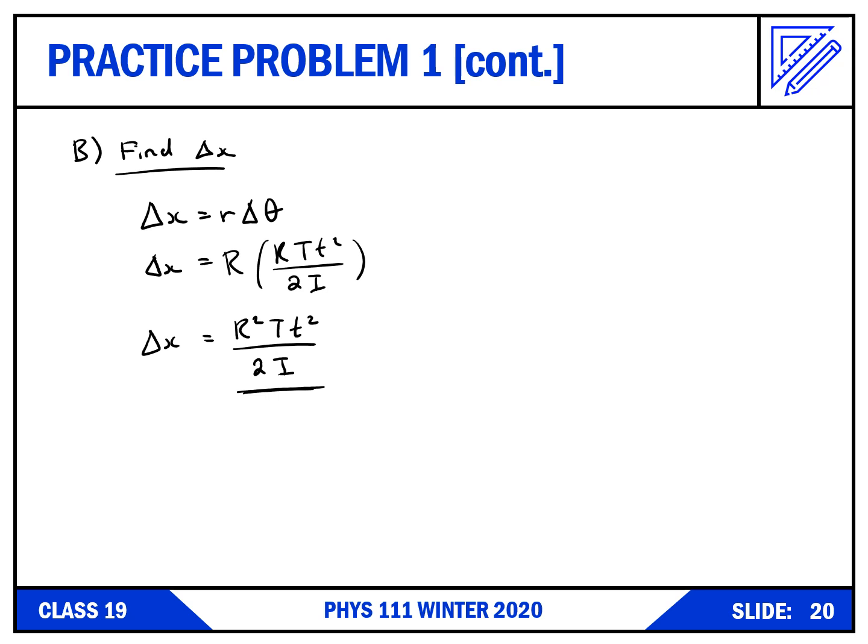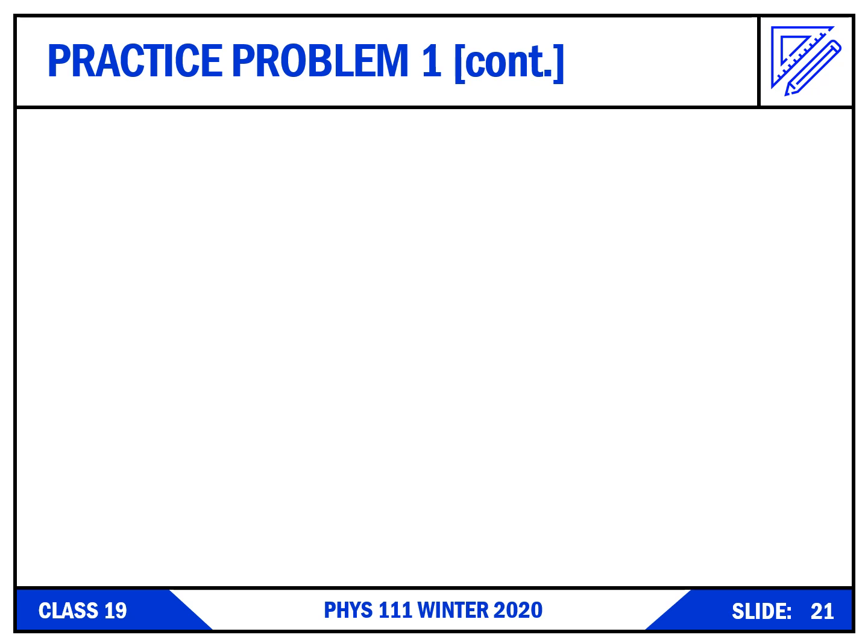And last but not least, we have part C, which is asking us to find the final angular velocity, omega f. Let's first write out what we know. Omega i is 0.